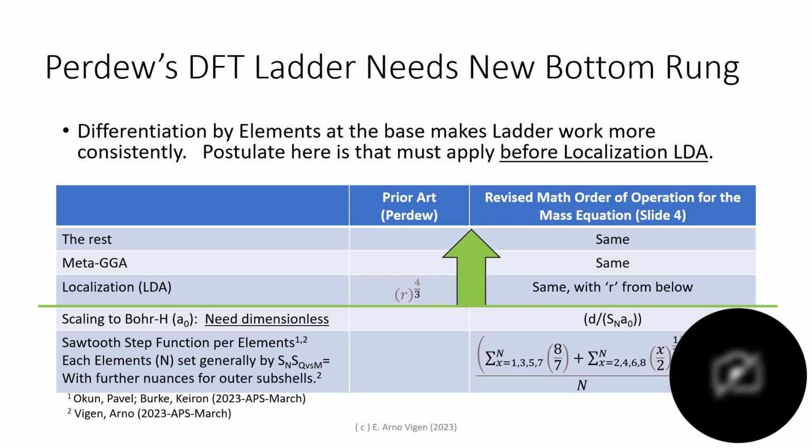But I'm saying that within that, you first need this dimensionless. This R needs to be dimensionless, so it has to be distance over some scaling of A sub O. That's the Bohr radius, okay? And further, that S sub N has to be done based upon this sawtooth step function of odd even.